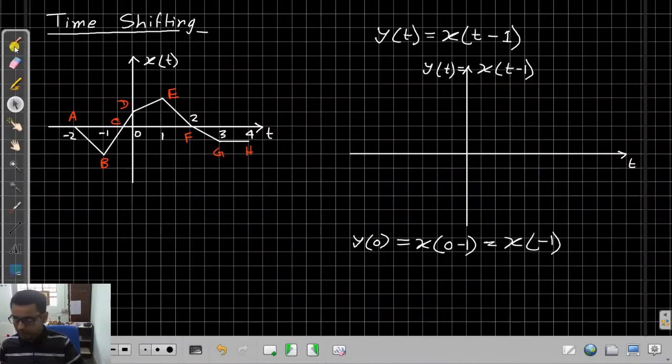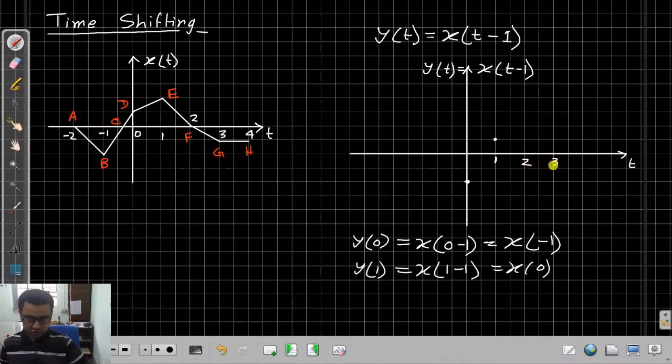So let me mark that point. It will be like this. Then y of 1 will be x of 1 minus 1, equal to x of 0, and x(0) is 1, so y(1) will be 1.